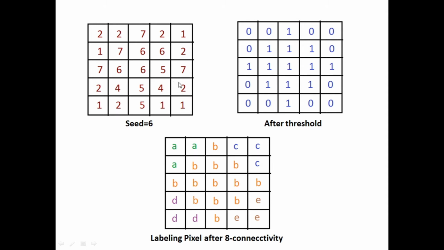This condition I may call a predicate, and if that predicate is true, I can expand the region. So this expansion is done based on the condition being satisfied. The region can be grown as long as the predicate is true, and we repeat until all the pixels are segmented in the given input image.